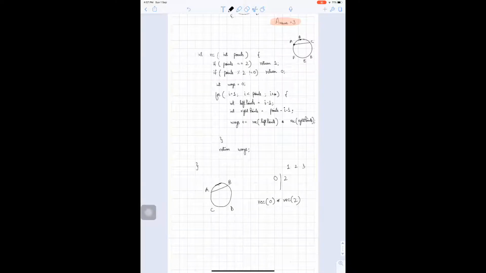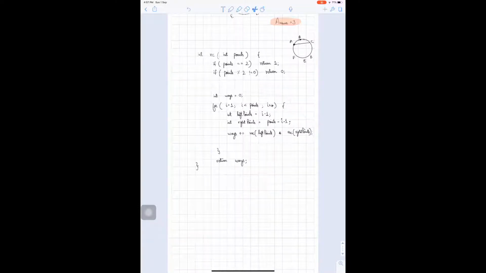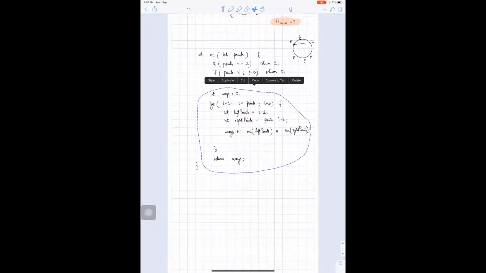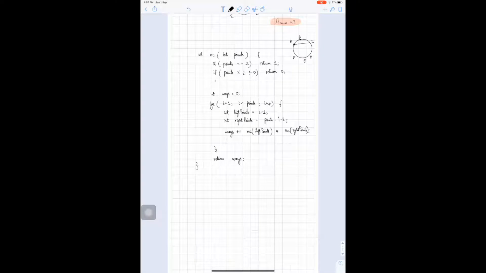Now we have missed one base case, that is 0. If the points is 0, what should our function return? If points is 0, then we should not return 0.